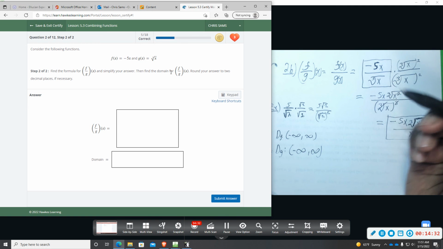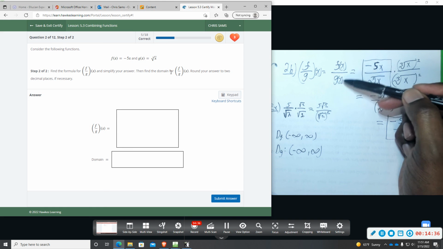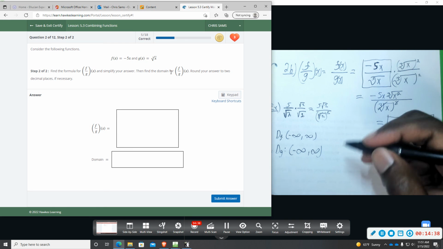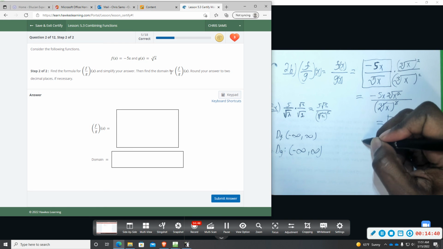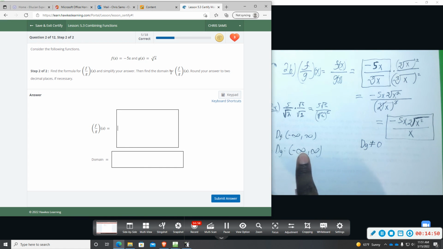Okay. Now, the difference is when you do the domain of f divided by g, you have to keep that restriction of the domain of g cannot be equal to 0. Okay, so whatever makes the bottom 0, we have to remove that number.